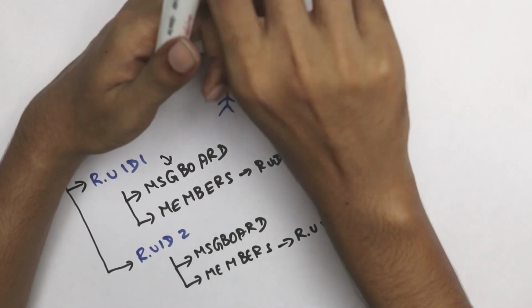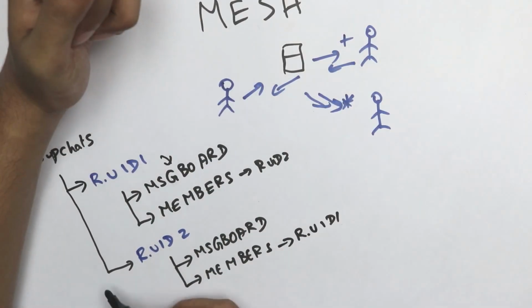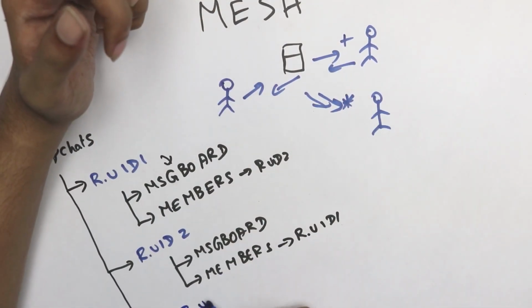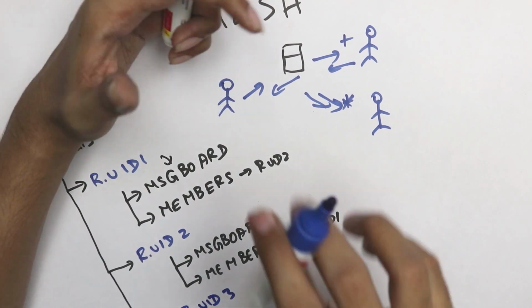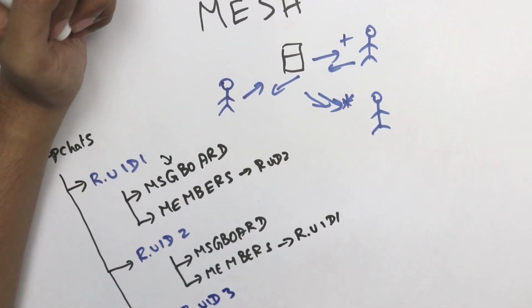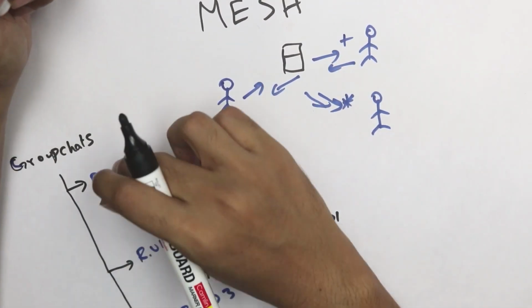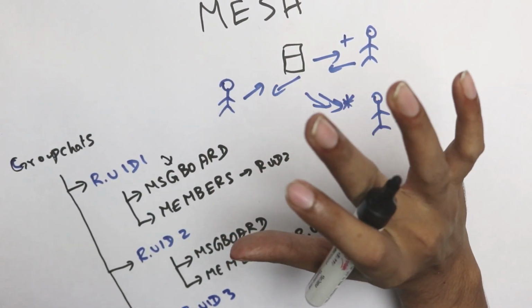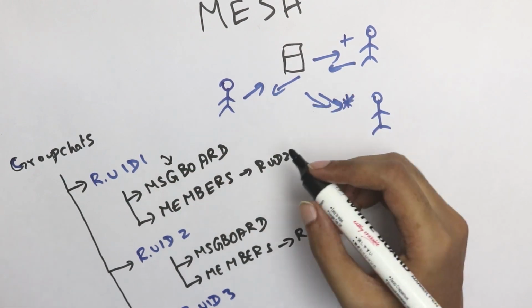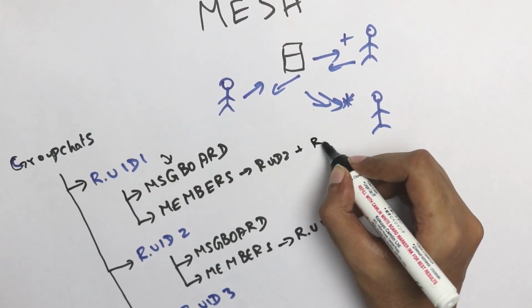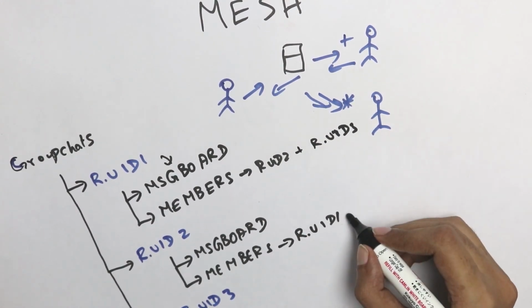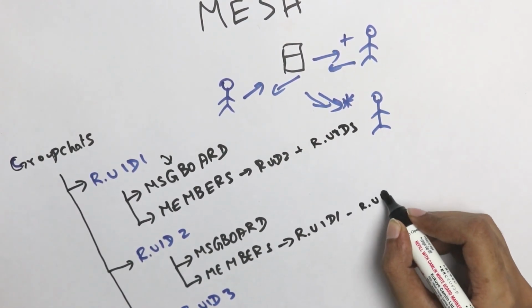Say for example another guy joins, random UID 3. Remember that the creator is the one who is able to add all these users. So when the creator adds this, this will have RUID 3 as well now, and this will have RUID 3 as well now.